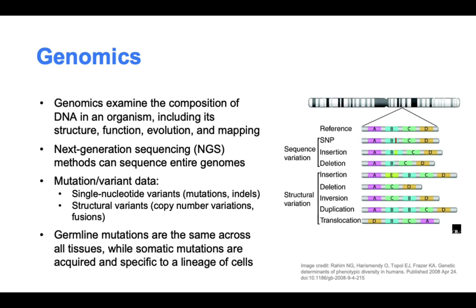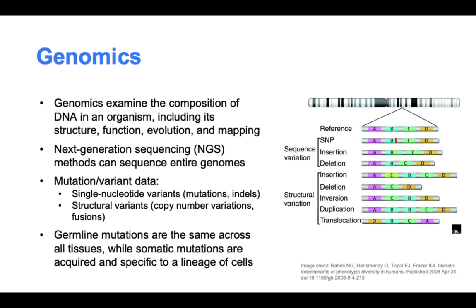So with next generation sequencing, because we've sequenced the entire genome, we essentially don't have to know which variants we're looking for yet before we can just go in and find them. So we can identify those smaller sequence variants where maybe it's just the difference of a few nucleotides, as well as those larger structural variants like copy number mutations or gene fusions.